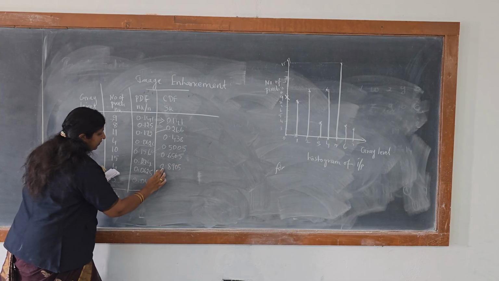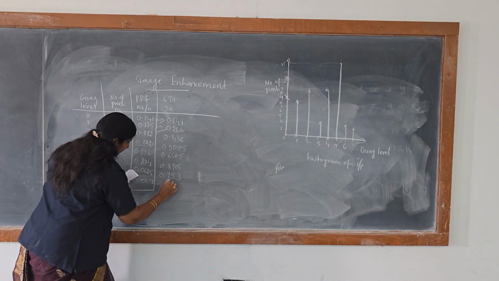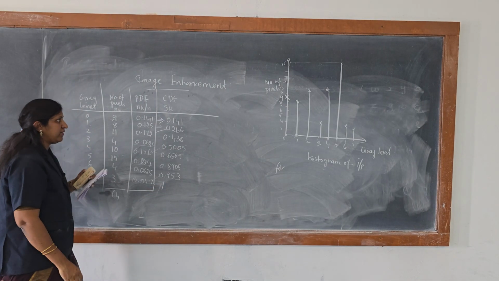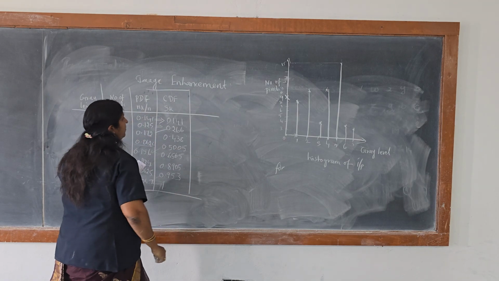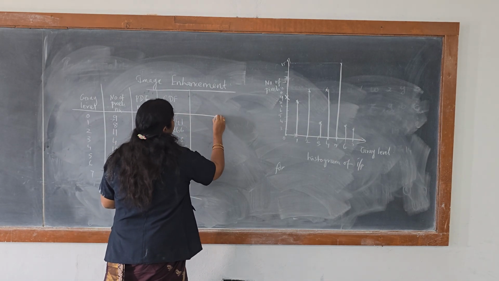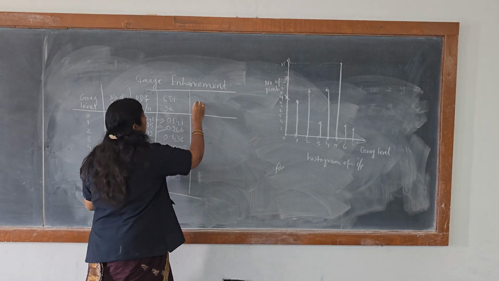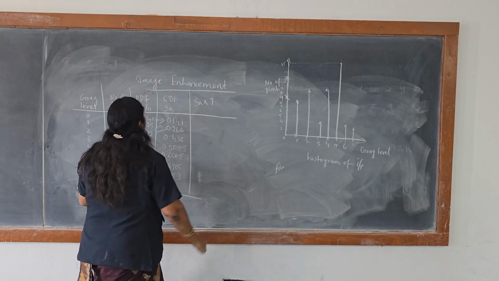Again add this with the previous cumulative value, you will get 0.953. Finally, if you add these two values, you get 1 as a result. Okay, so we have calculated the cumulative probability density function. The next step is to multiply this Sk with 7. Okay, so what is 7?